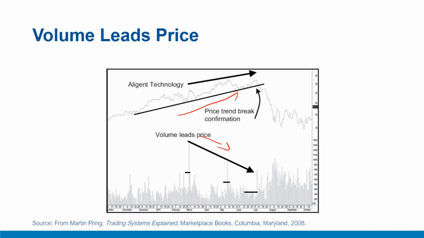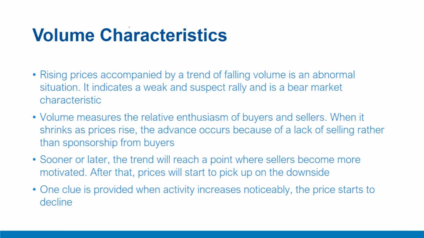Volume is falling while price is rising, which indicates that volume is not in agreement with price, and therefore some kind of trend reversal is due, which actually happens afterwards. Rising prices accompanied by a trend of falling volume is an abnormal situation. It indicates a weak and suspect rally, or rising peaks and troughs, and an indicator that a bear market may come shortly or a price trend reversal may happen.